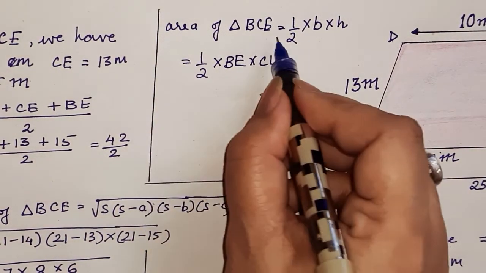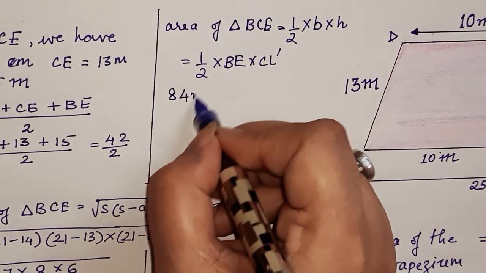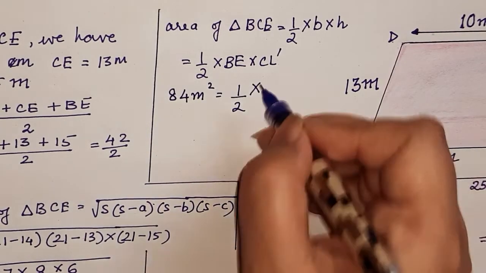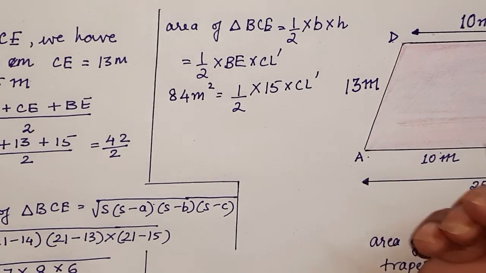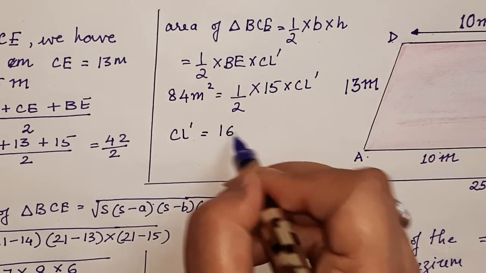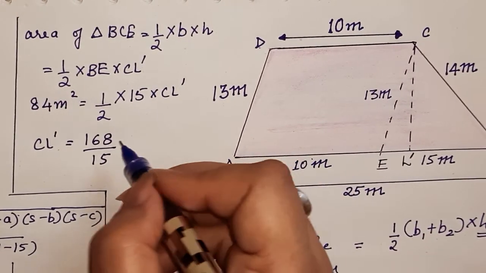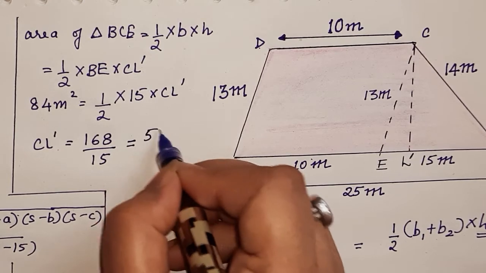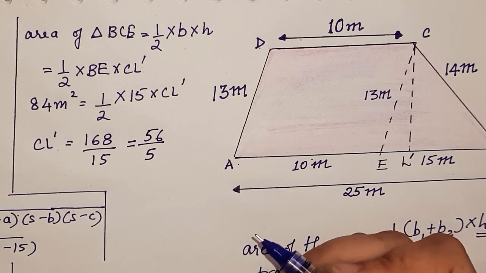Now the area we have already found out, that is 84 meters square. So we will write 84 meters square is equal to half into BE, that is 15, into CL dash. So CL dash will be equal to 168 divided by 15. Now we can divide and find it in the form of a decimal, or we can cancel it to the maximum and get the value 56 divided by 5.